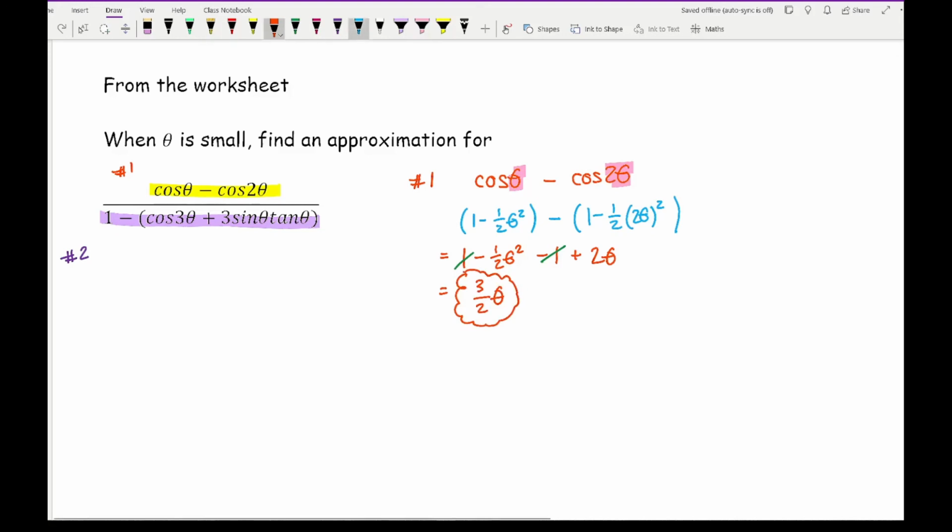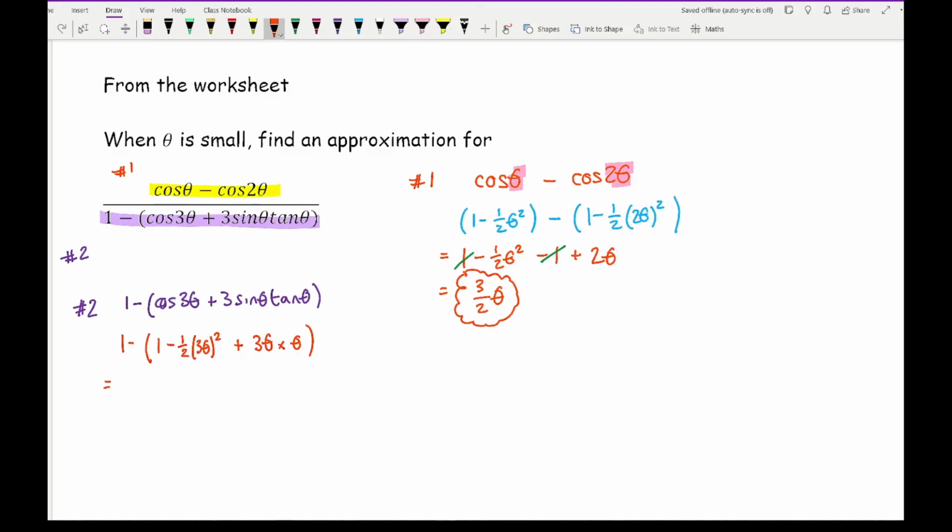Then dealing with #2, it's going to be a little bit more complicated. So my denominator, I've got 1 minus bracket cos 3 theta plus 3 sine theta tan theta. And just swapping them through, I've got 1 minus bracket cos 3 theta is going to be 1 minus a half 3 theta squared plus then 3 sine theta is just going to be 3 theta, and tan theta is just another theta, so I'm just going to put times theta, close bracket.